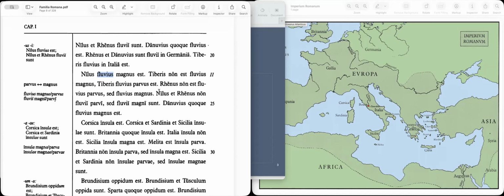Then we go to the plural. Nilus et Rhenus non fluvii parvi. So two fluvii. It's not fluvii parvus, but fluvii parvi. And later on, when we get to the Grammatica Latina, we will find that adjectives have to agree with their nouns in something known as gender, number, and case.